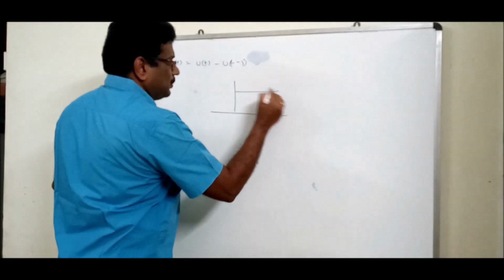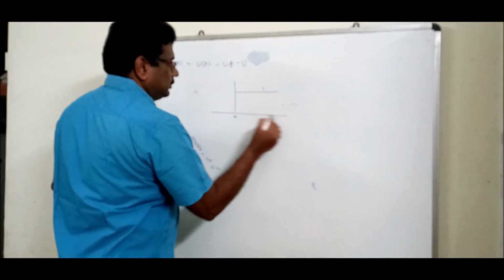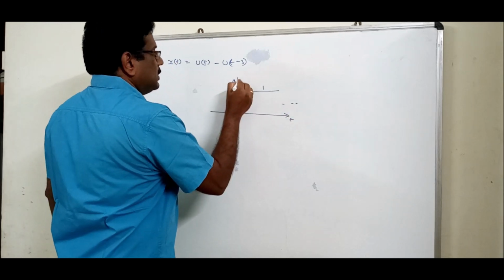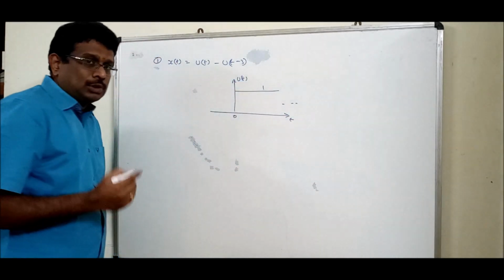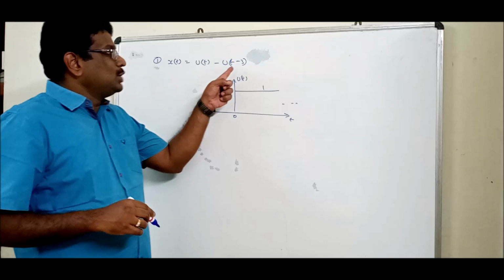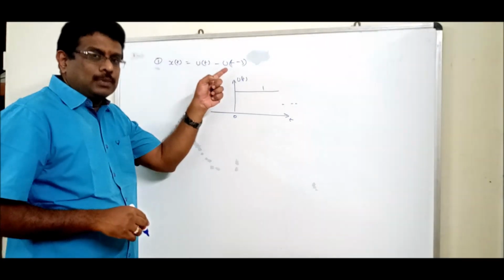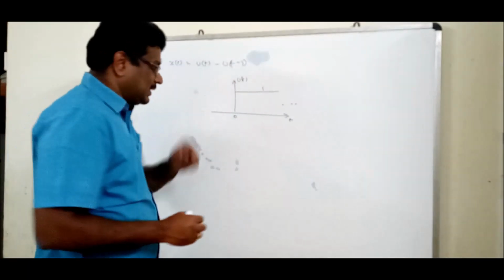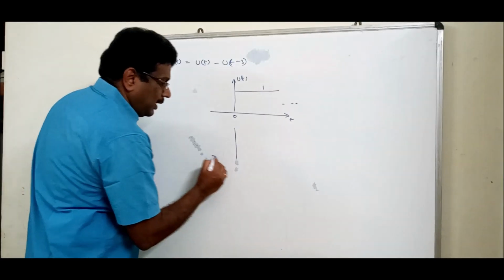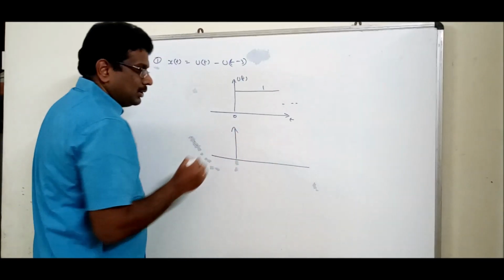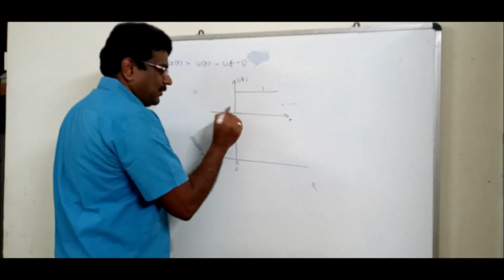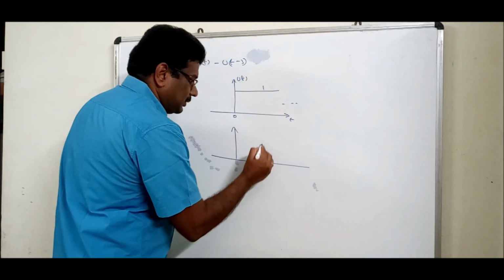It is the unit step. This is u of t. You should recall the old topic. What is u of t minus 3? Yes, it is a right shift, by 3 values. Instead of starting from 0, it starts from 3.